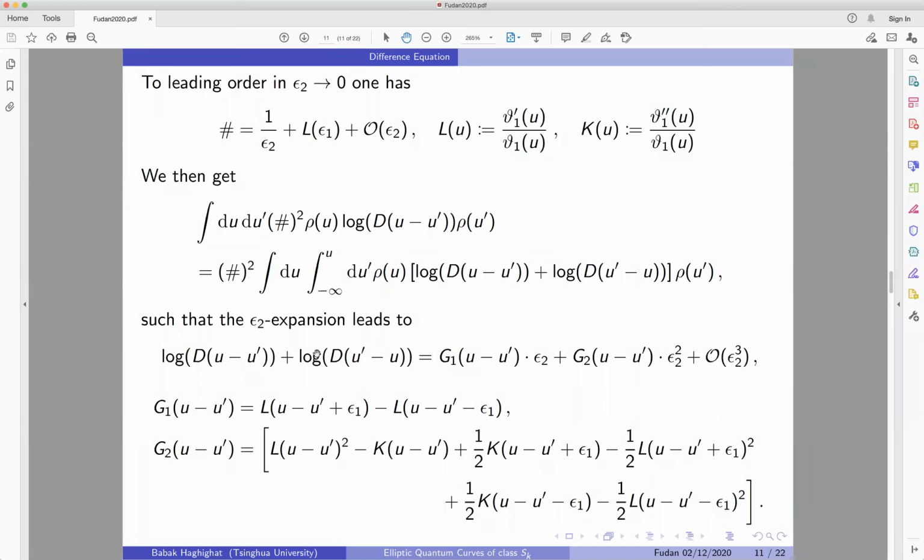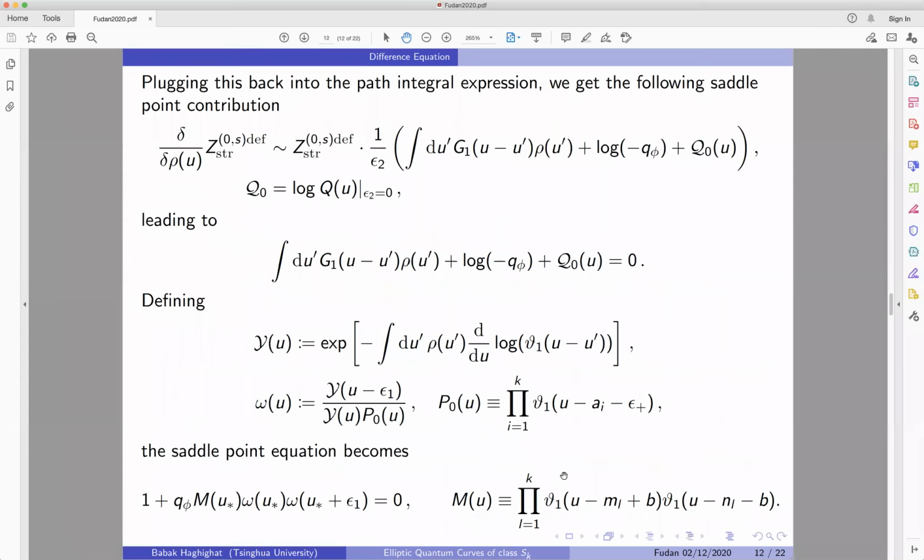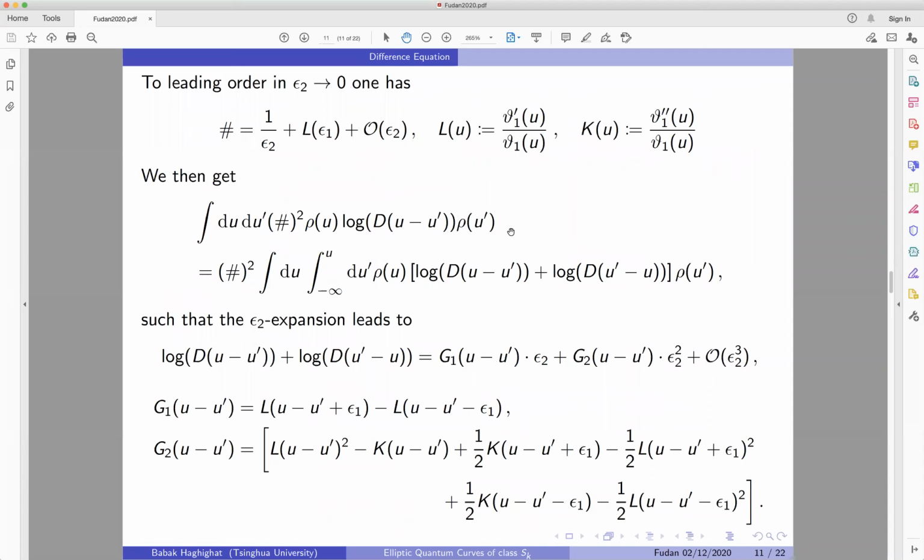And so this log of d can be written in terms of this g1, and then this g1 and g2 are arising from this epsilon 2 expansion here. What you see first of all is that the whole partition function, because of this piece, has a 1 over epsilon 2 squared in front.